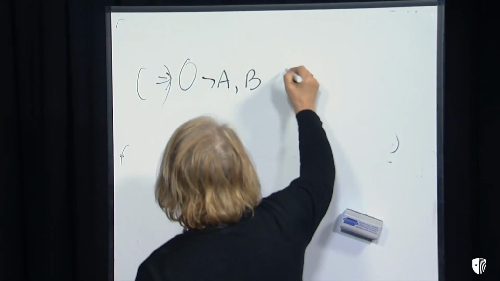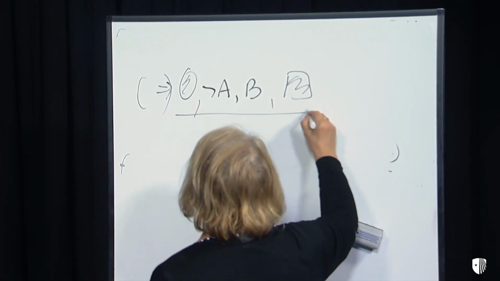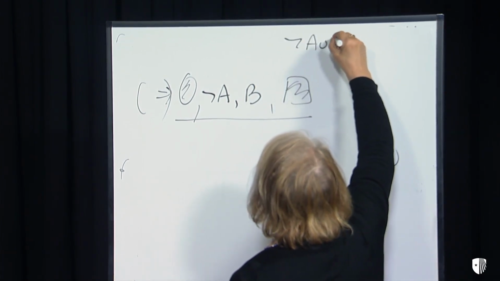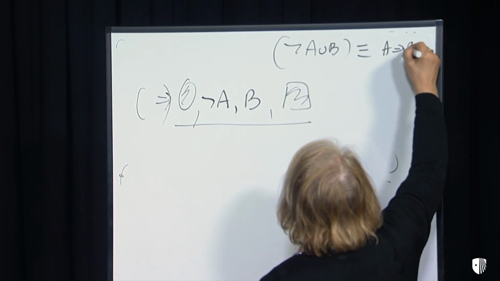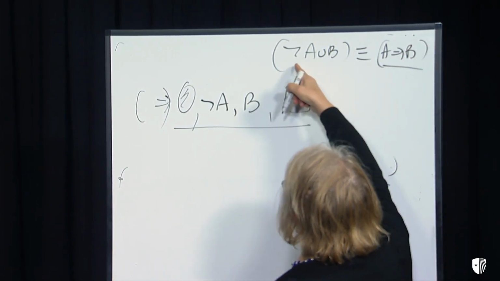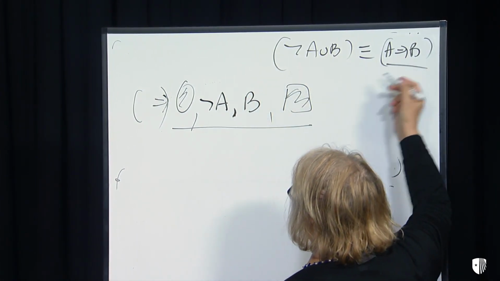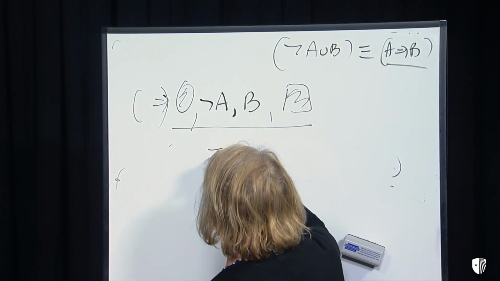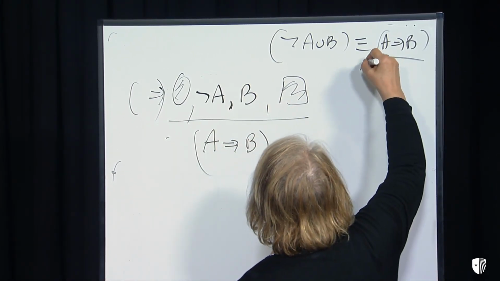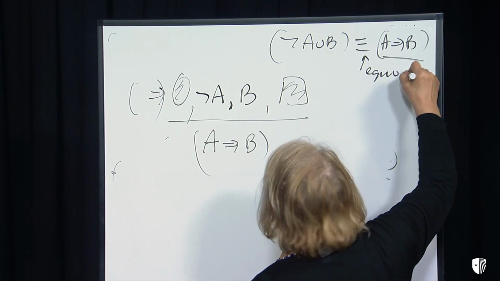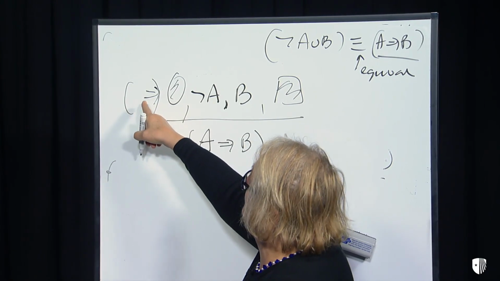So the implication rule would be: if you have not A, B, and you have some information, and here another information, I can deduce not A or B, which is logically equivalent in classical logic to the implication. So you replace, and by semantics this comma is or, so you can deduce in a logically equivalent way A implies B. That's why the name is implication.